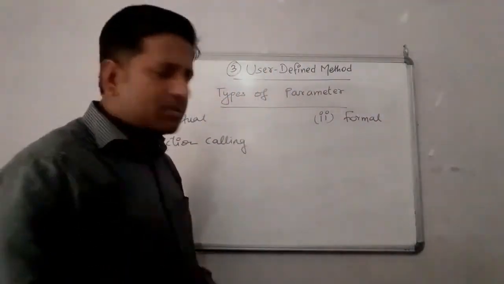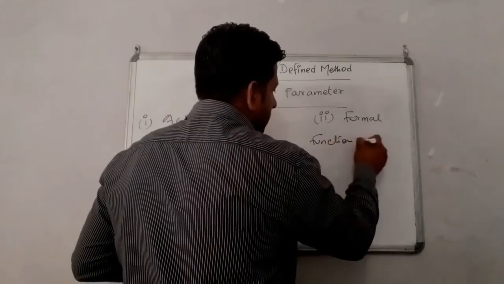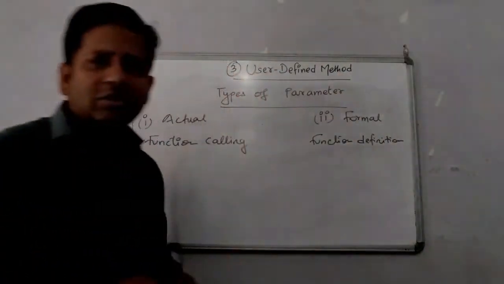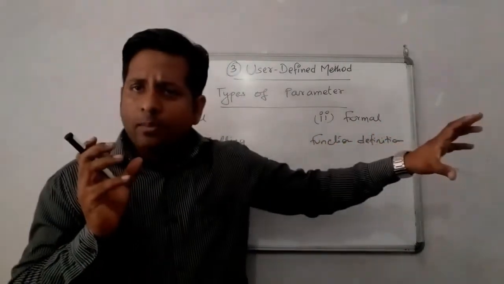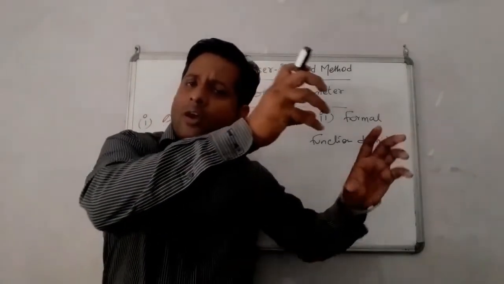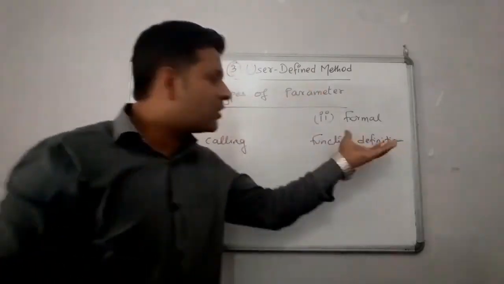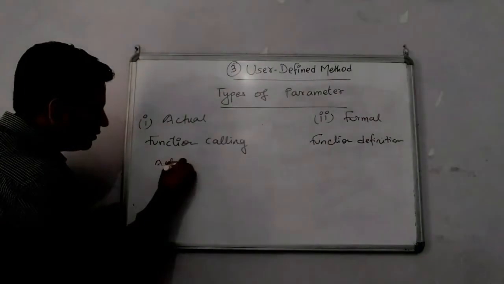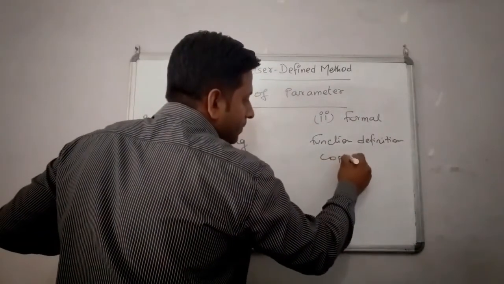Whereas formal means function definitions. That means while we call the function, we pass the actual value to the formal parameters. That means formal are the copied values. These are the actual values. These are copied values.